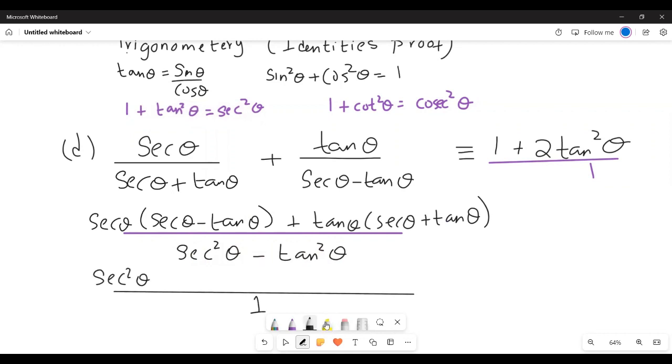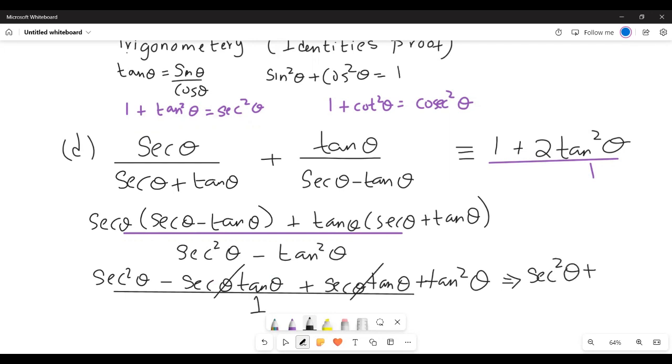Secant square theta minus secant theta tan theta plus secant theta tan theta plus tan square theta. These two cancel out, and in the numerator we have secant square theta plus tan square theta, and the denominator is 1. Still we don't have this, but I guess we're close.